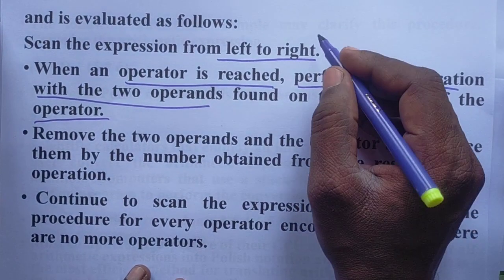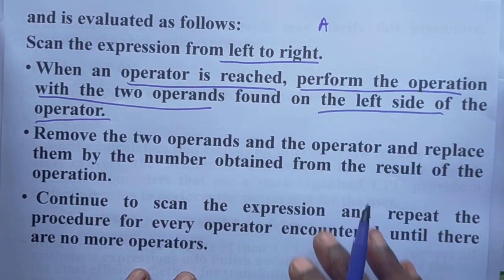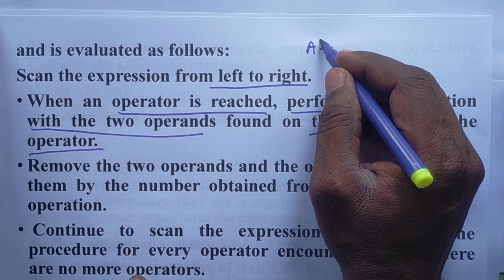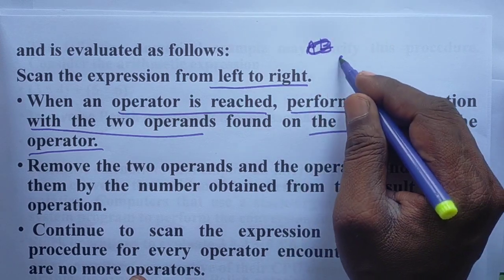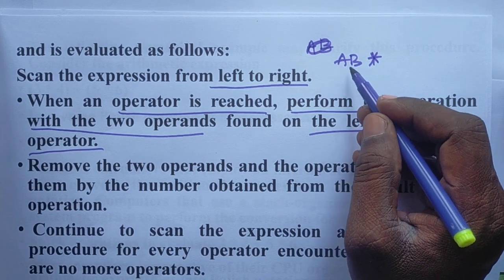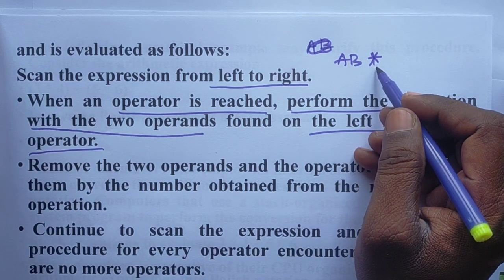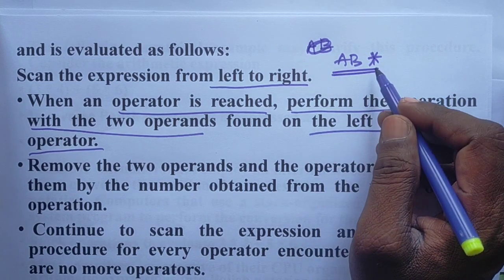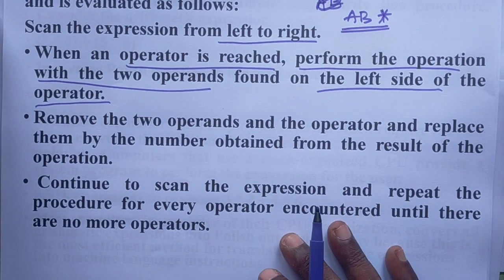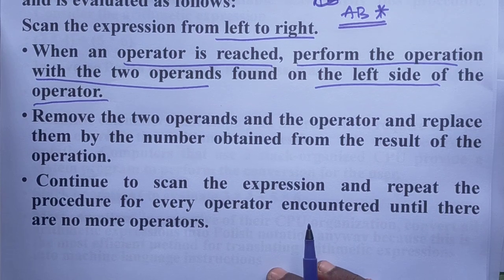For example, suppose you write A B star. That means first A and B, and whenever the operator star comes, it will start the operation A into B. In this way the scan and operation are done.